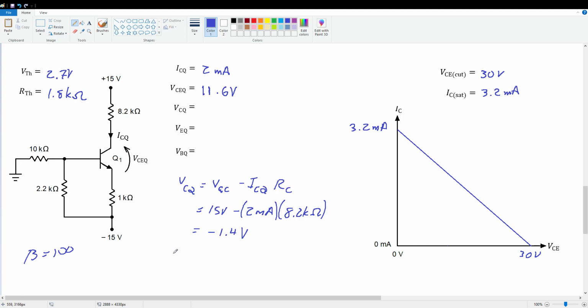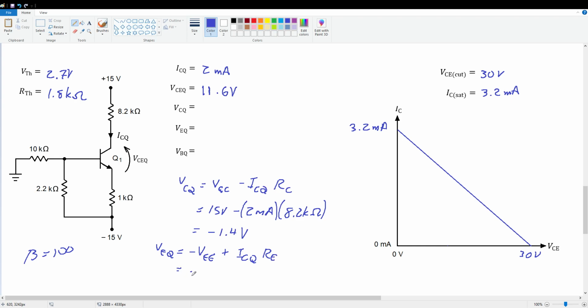Let's find VEQ. VE at the Q point is equal to what? VEE with the negative sign, right? Because we're going up from negative 15 to the emitter, and we're going to add the voltage drop by IC times RE. So it's negative VEE plus ICQ times RE.